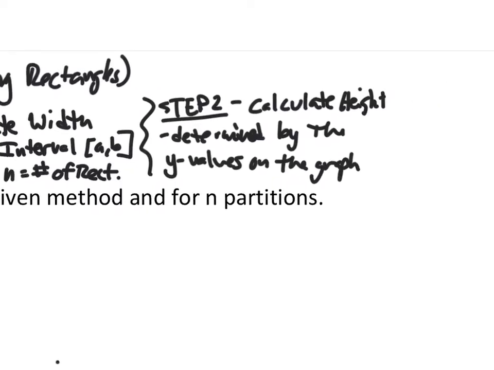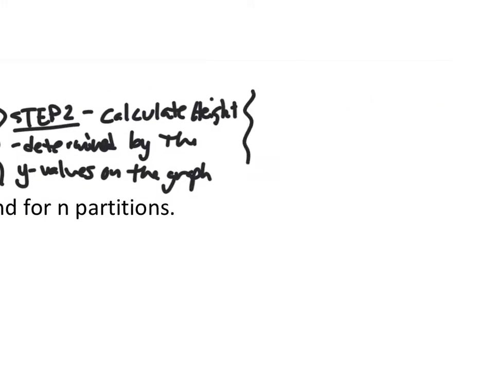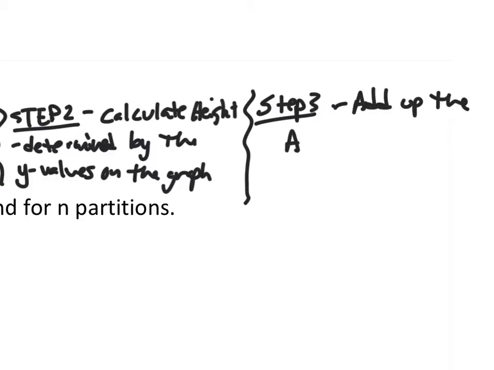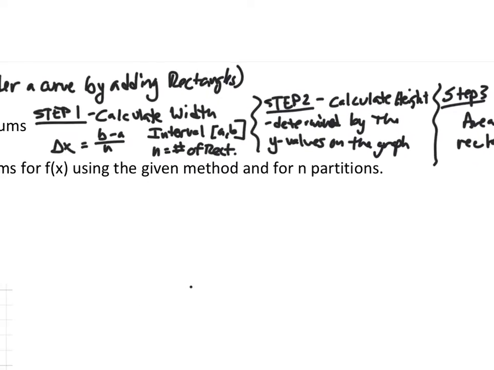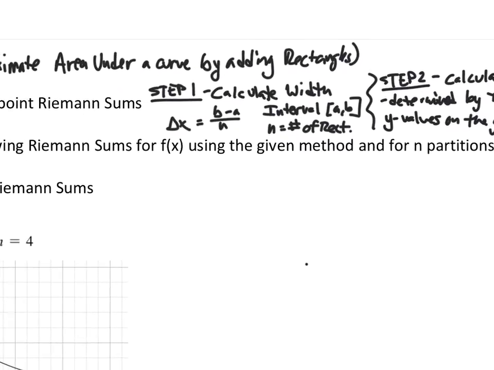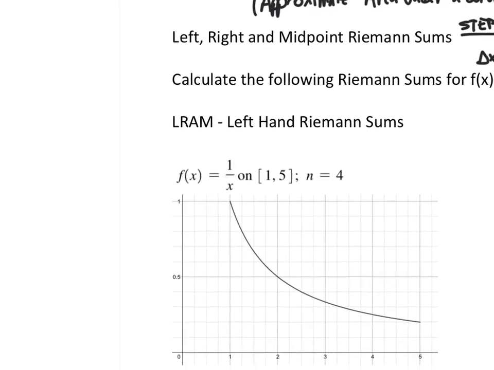And then step 3 is we want to then add up the areas of the rectangles. Okay, this is a 3-step process. It's not too bad, but we do need to go through it and show you a couple of examples.